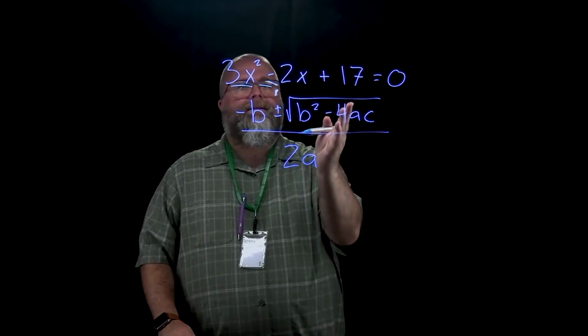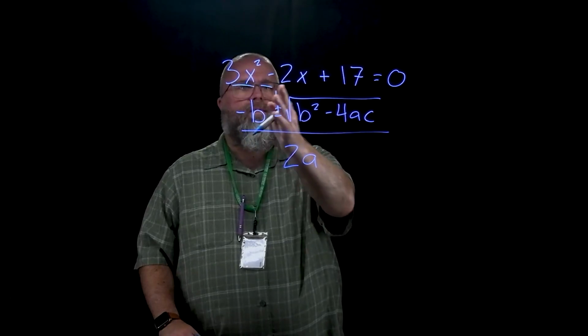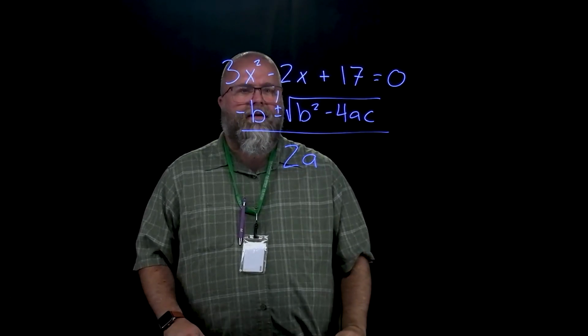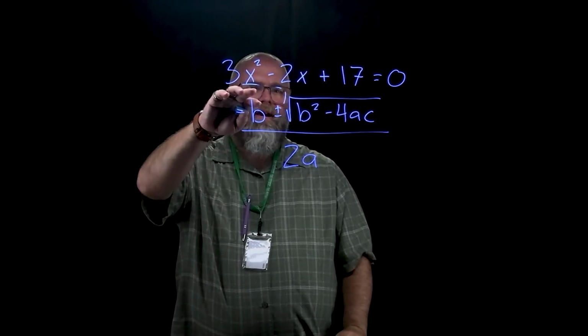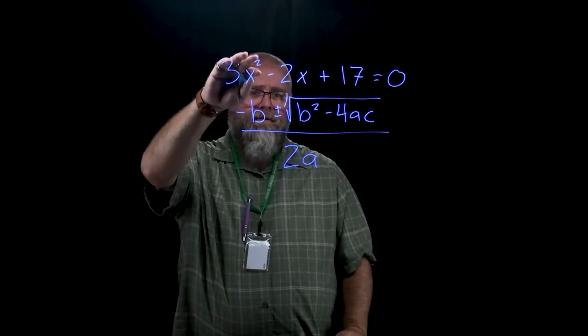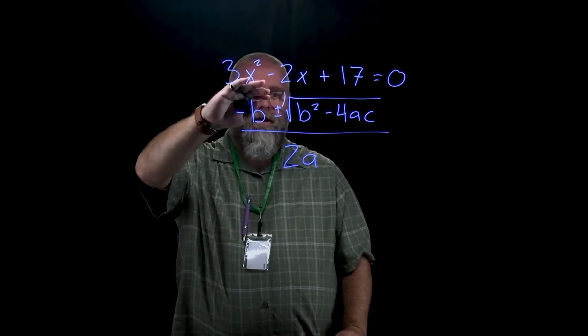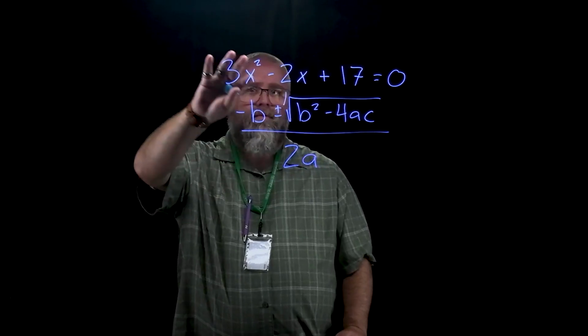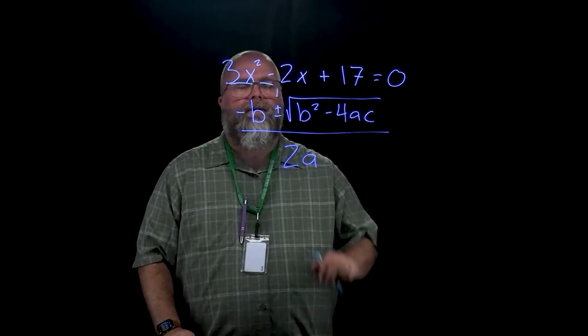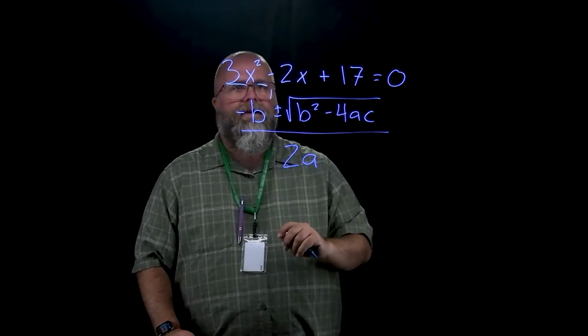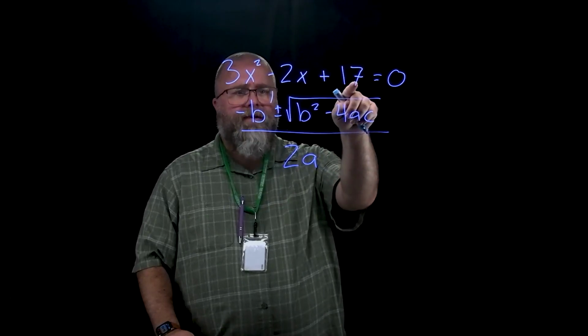Well, let's first suppose that one of these terms is not there. We have to have this first term with an x squared, where a is non-zero, in order to apply this at all. So we do have to have the x squared term, but we don't have to have the x term and we don't have to have the constant.